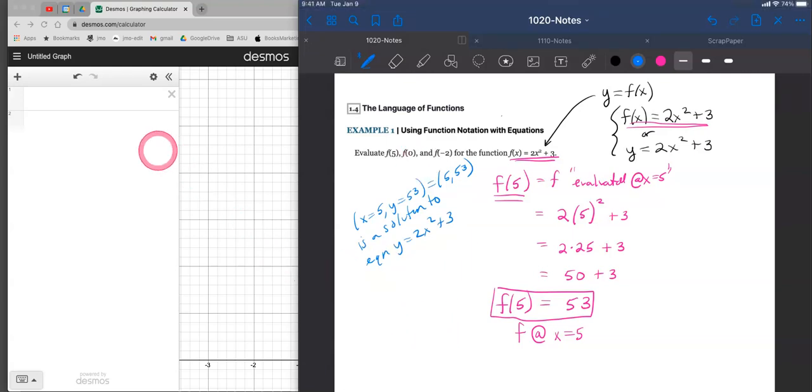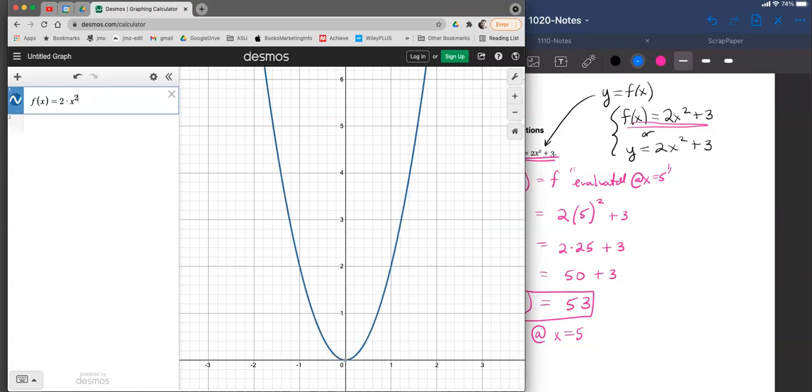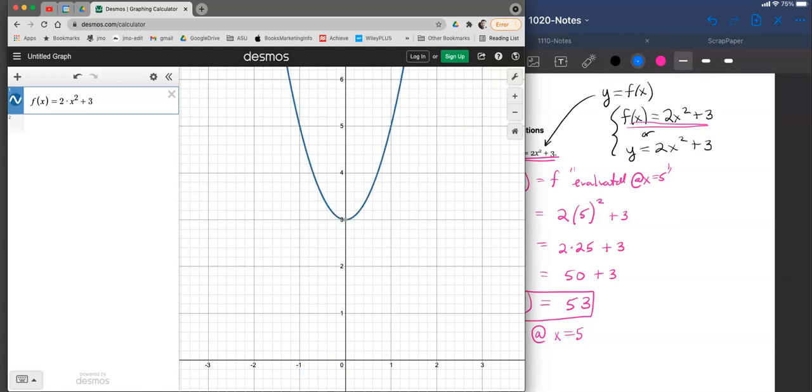So one of the points of this video is to show you that Desmos also knows function notation. So one could come over here, for example, and put f of x is equal to 2 times x squared plus 3. Right?